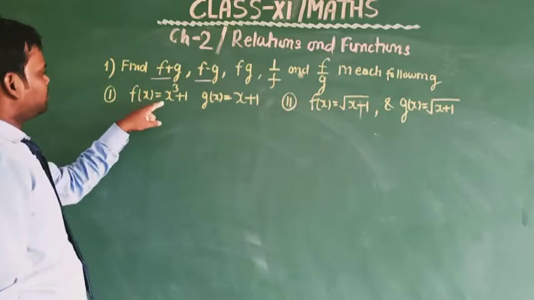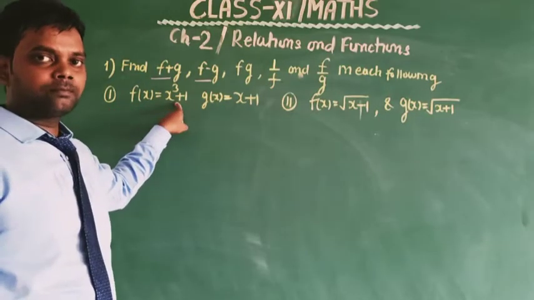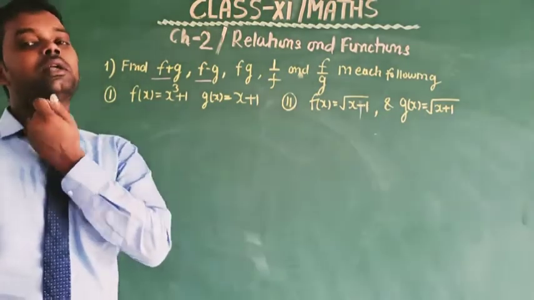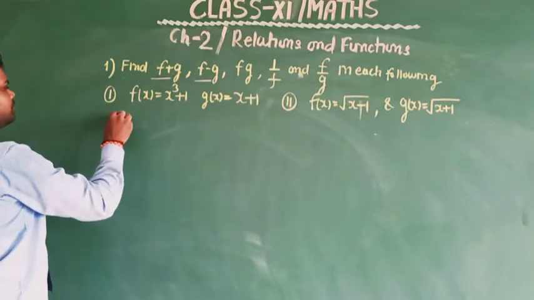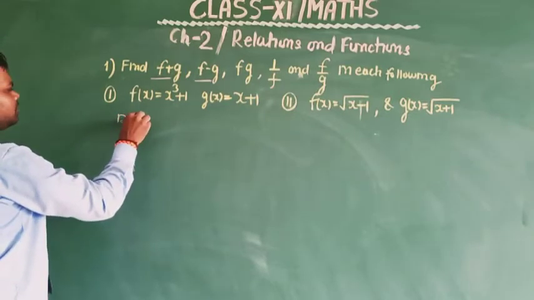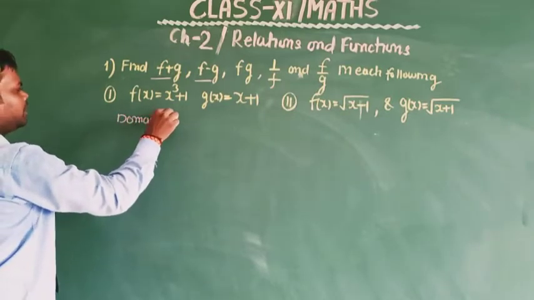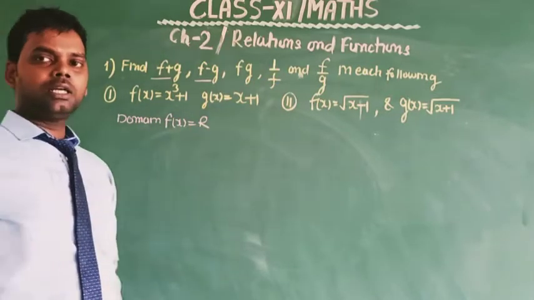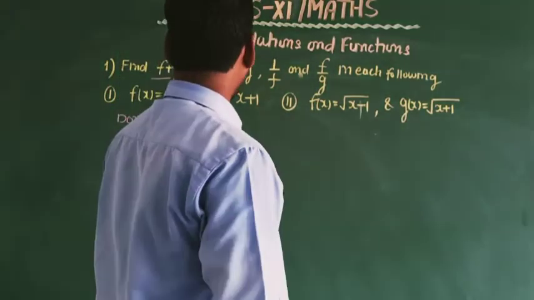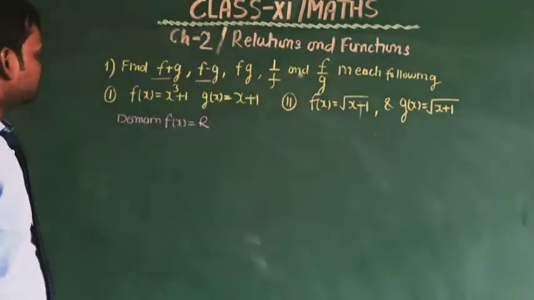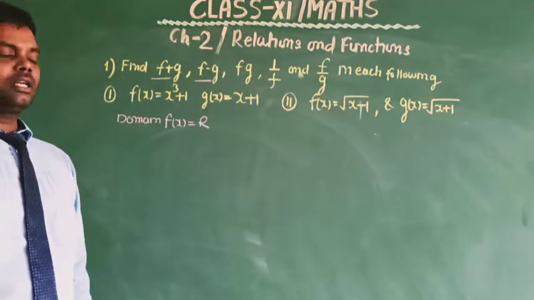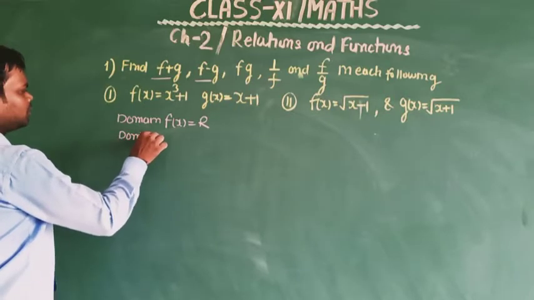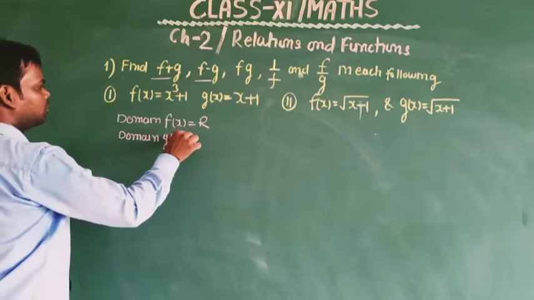Observing f(x) equals x cube plus 1, this function is defined for all real numbers. So the domain of f(x) is all real numbers. Next, g(x) is also defined for all real numbers. So the domain of g(x) is also real numbers.